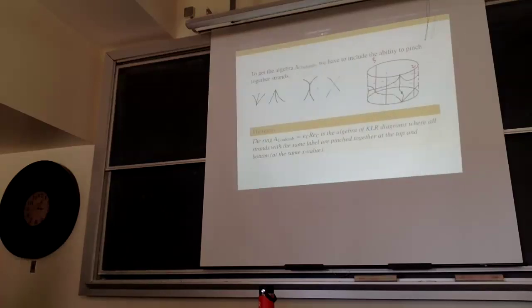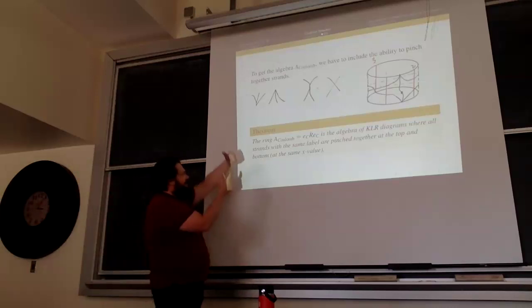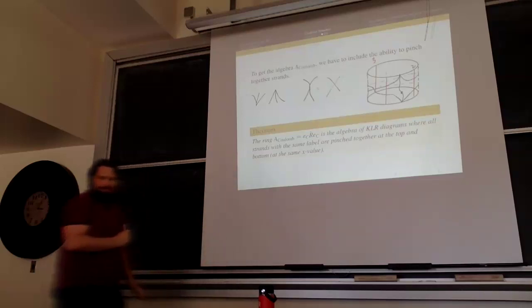Okay, and as Mina was saying, if I want the actual Coulomb branch chiral ring, I need to take a piece of this algebra in a way that's going to be really important later. The way I take a piece is I have to pinch all of the strands with the same label together at the top and the bottom.